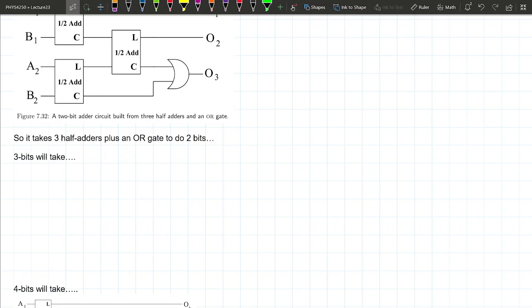So there's going to be an A0, A1, and A2. So let's have this written down. And then the second input is going to be the B's, B0, B1, B2. And you can start to see the pattern here.